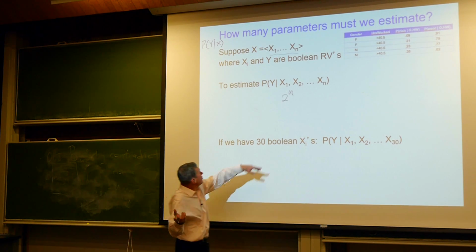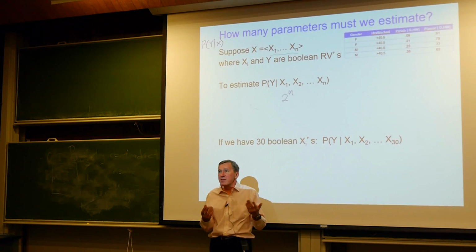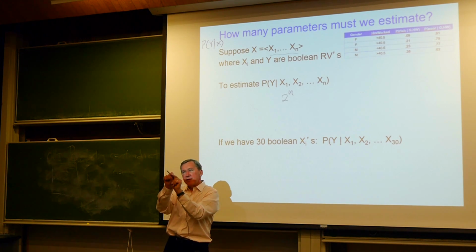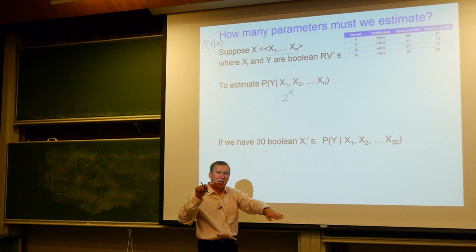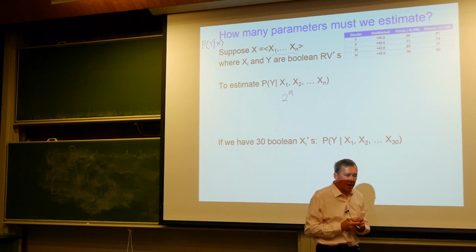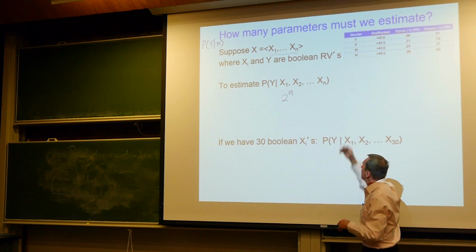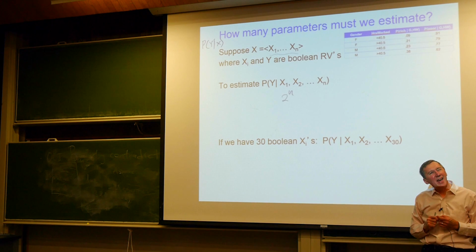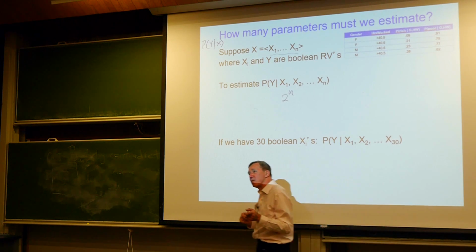Good. So exactly. So if all the x sub i's can be a 1 or a 0, and I have n of them, there will be 2 to the n of those. If I'm going to build a table with a different row for each potential value of joint assignment of the x's, then there will be 2 to the n rows there. And let's see, I have to estimate both the probability that y equals 1 and the probability that y equals 0.